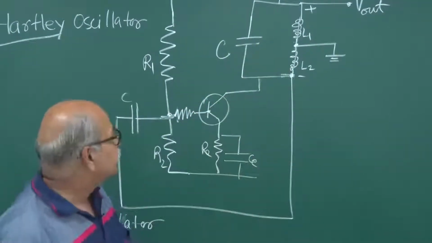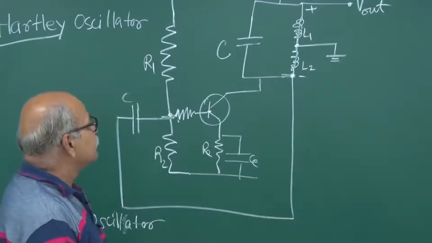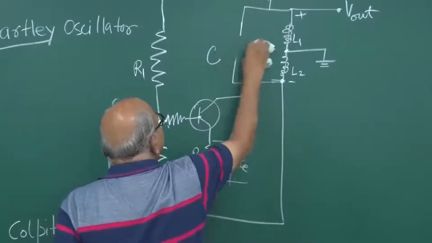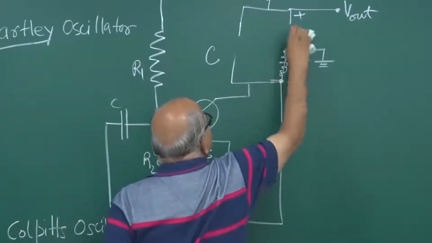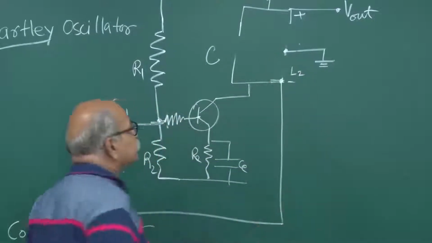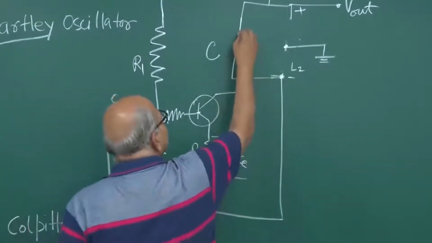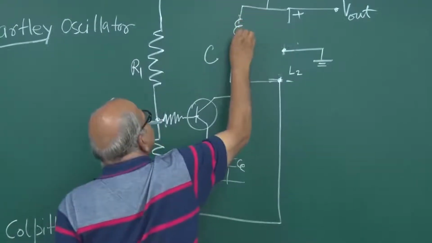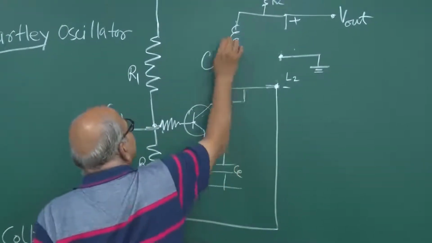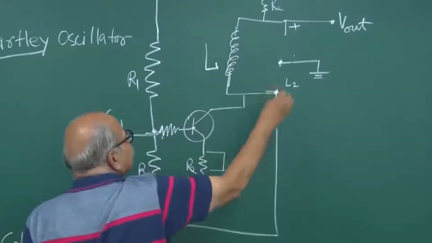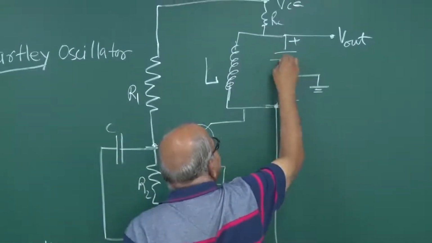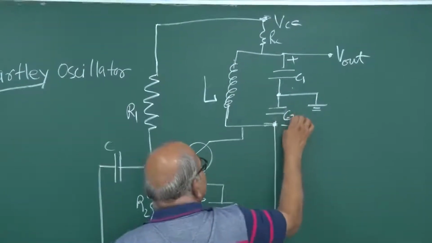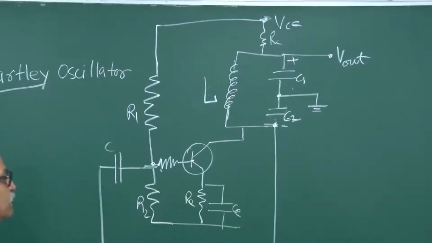So I can just modify this design itself. You will have an inductor here, this is L, and you will have 2 capacitors here, C1 and C2. So this also works well. This is known as the Colpitts oscillator.